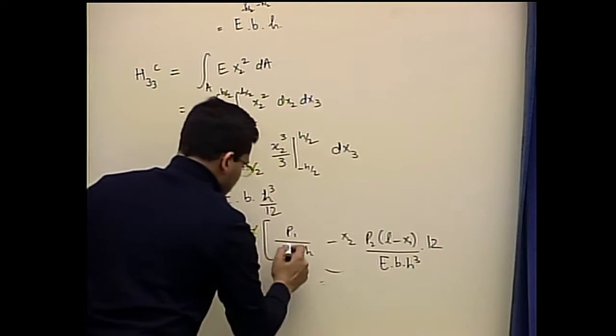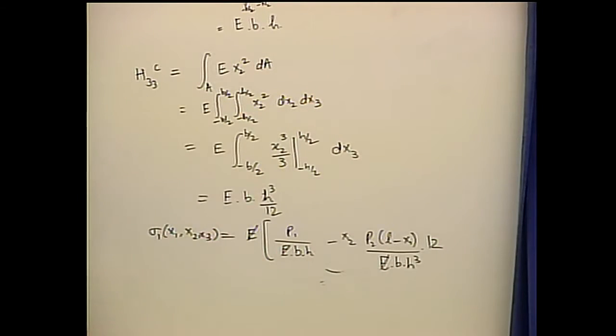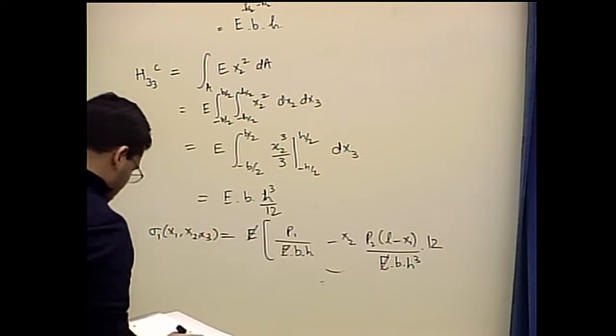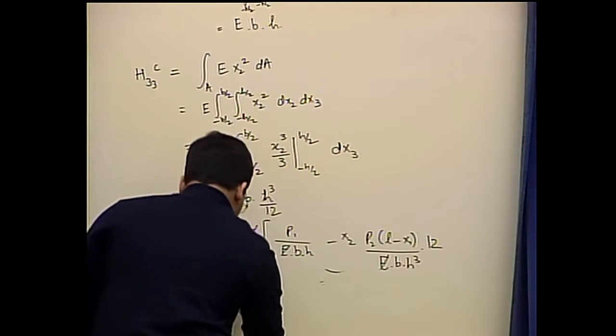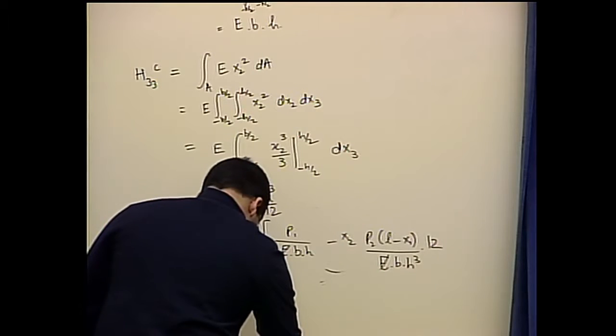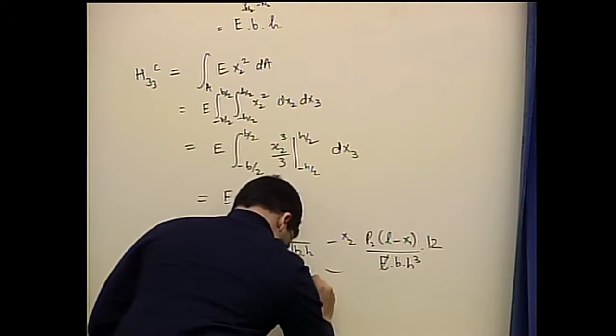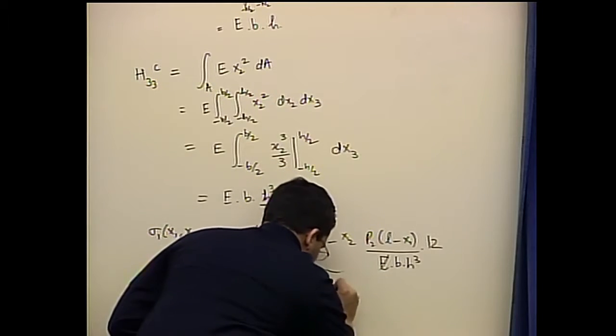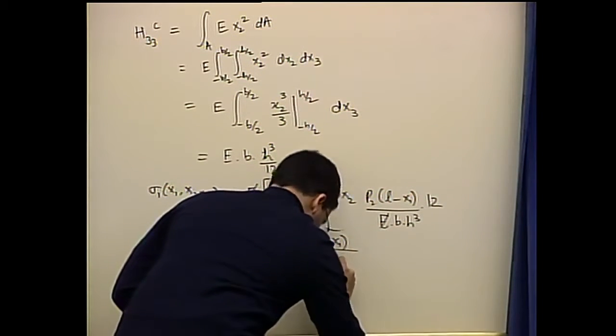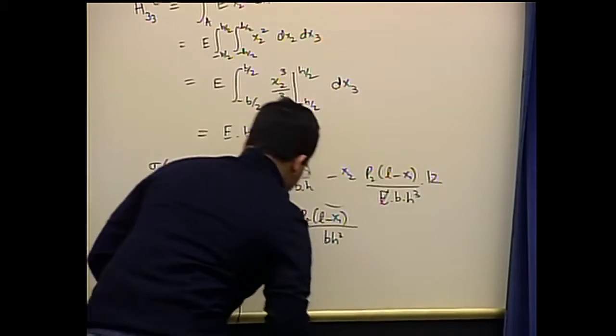You can cancel the E. So we are left with P1 over BH minus 12 x2 P2 (L minus x1) over BH cube.